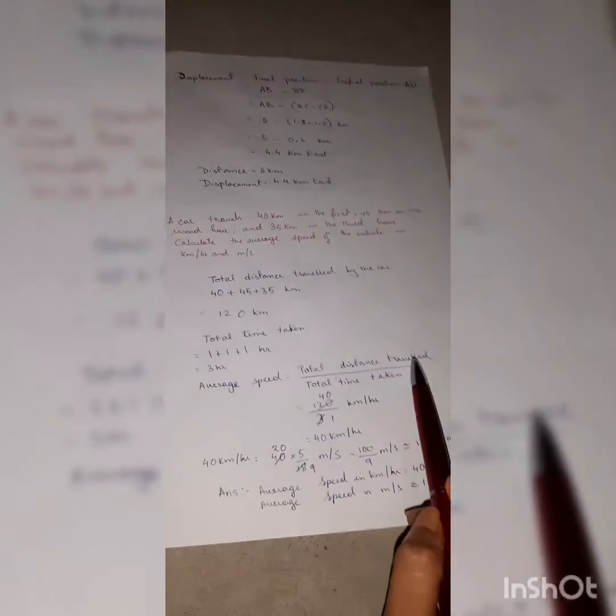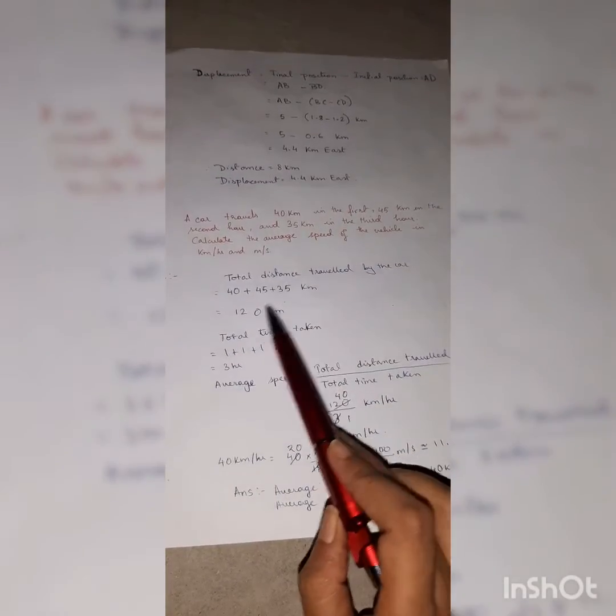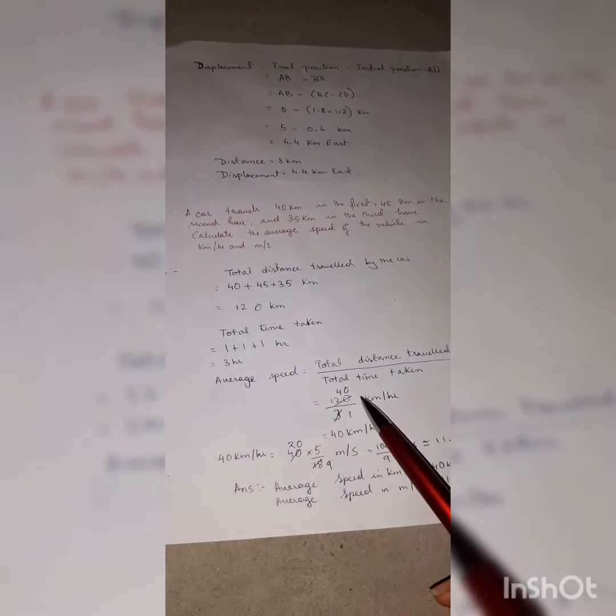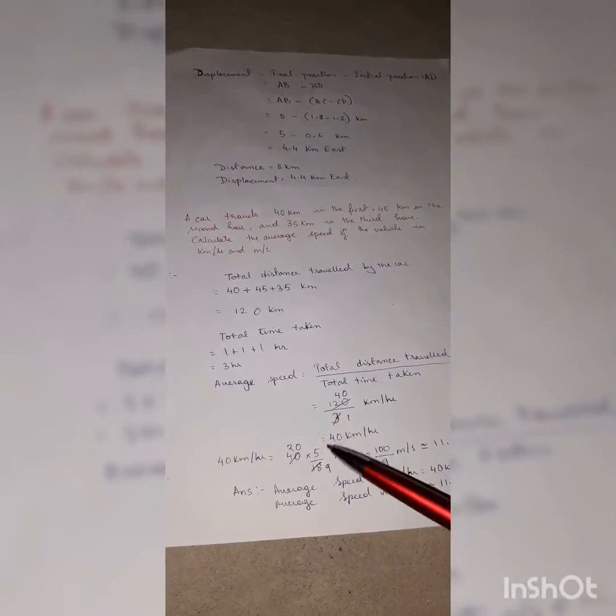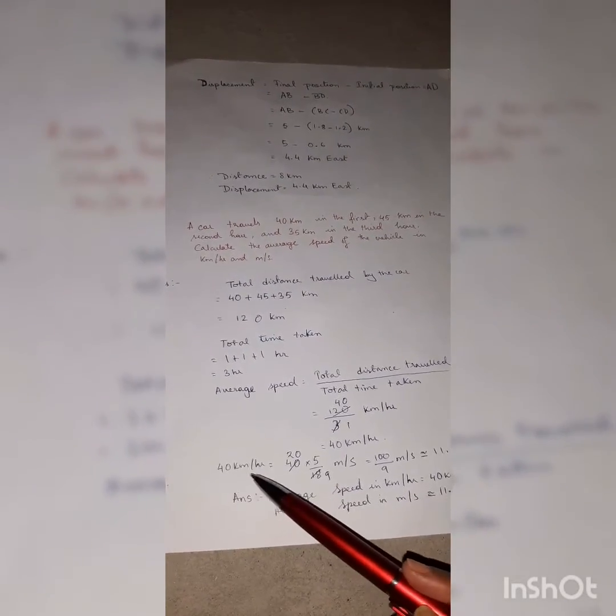Now average speed equals total distance travelled divided by total time taken. So we have found out the total distance travelled already and also the total time taken. If we divide, we get the value in kilometer per hour, which comes out as 40 kilometer per hour. Now if you want to change kilometer per hour to meter per second, you have to multiply it by 5 by 18.